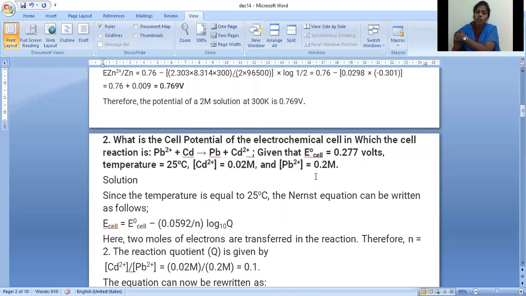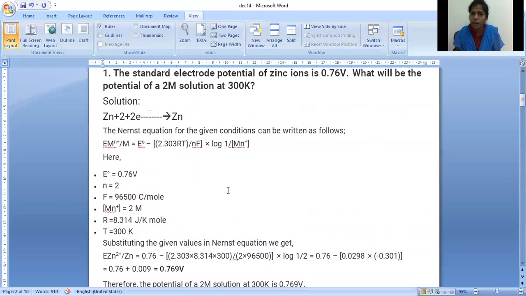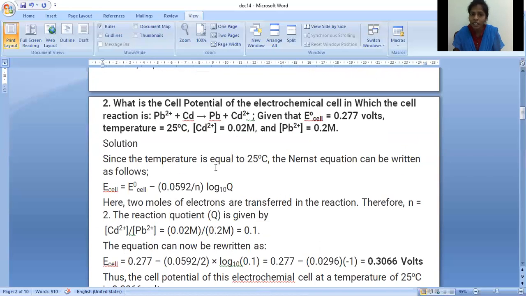Now what is the Nernst equation for E cell? E cell is equal to the same formula: E cell equals E naught cell minus 0.059 by n log Q. Previously, we have written 2.303 RT by nF into log K. But here, we have written 0.059 by n log Q. Why?